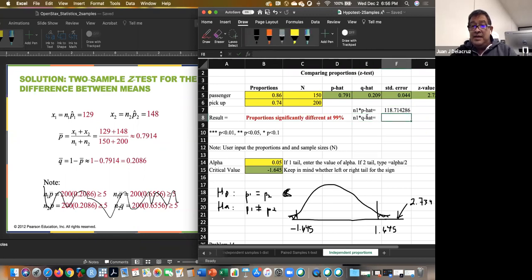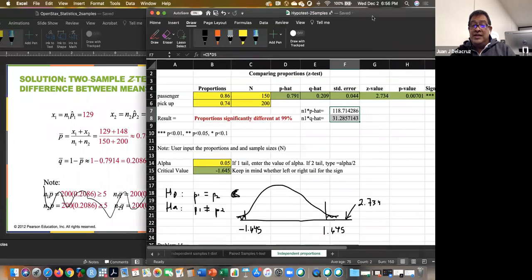So that's going to be equal to 150 times this number, right? Hold on. So I'm going to use this number times the q-hat, right? So we are going to do the same for the second. As we can see, this number is clearly greater than 5. So we are checking that.